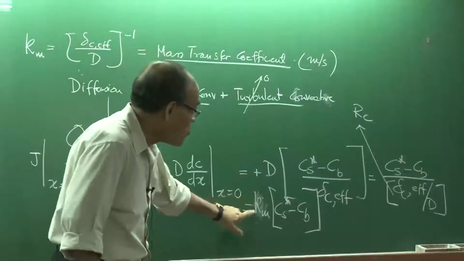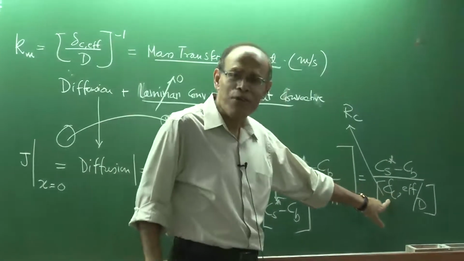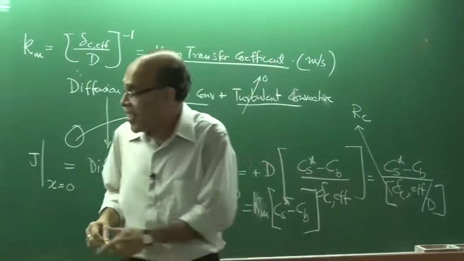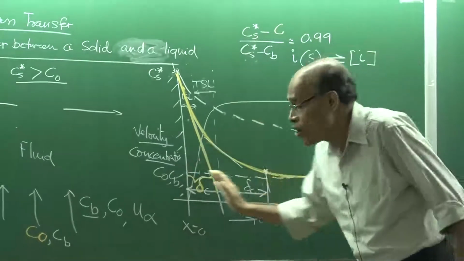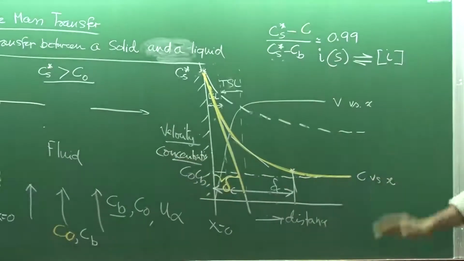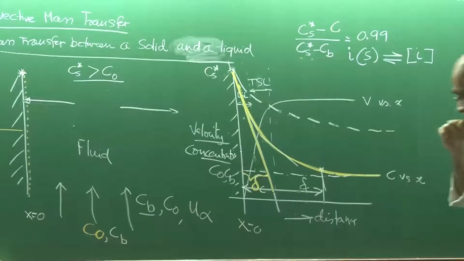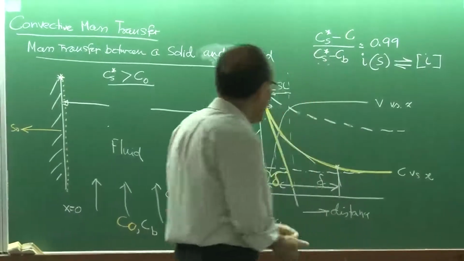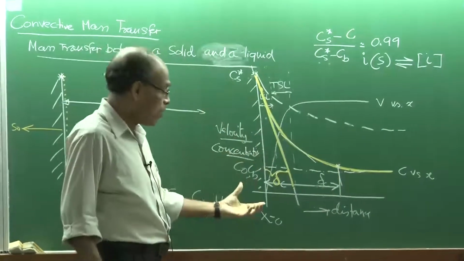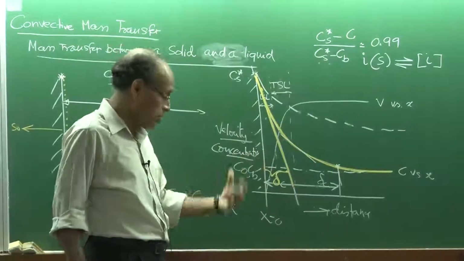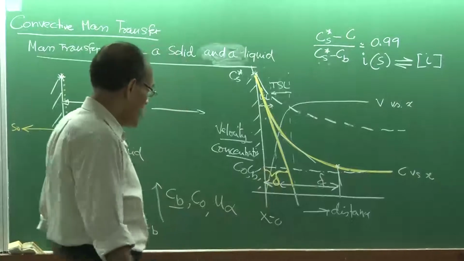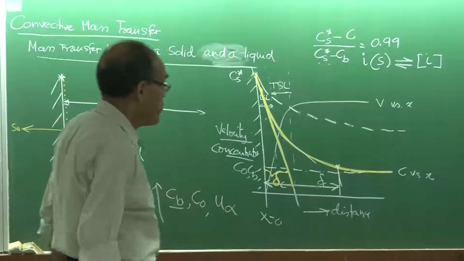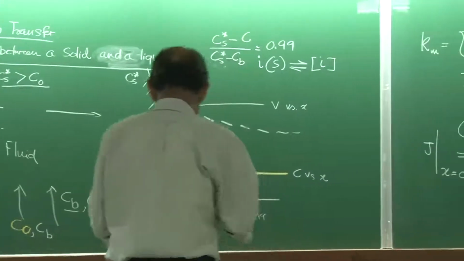Why? Because this mass transfer coefficient is a function of the effective concentration boundary layer thickness, and as I have indicated already, the thickness of the effective concentration boundary layer will reduce or increase depending on the intensity of flow. So therefore, for a given fluid with constant thermophysical properties, the flow is very important, and the value will also depend on the nature of the geometry that one is considering.